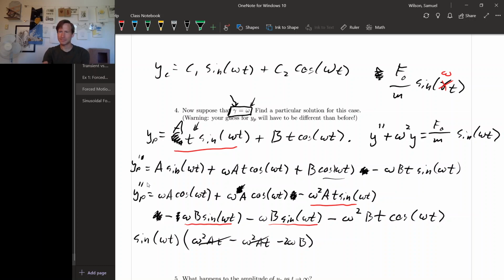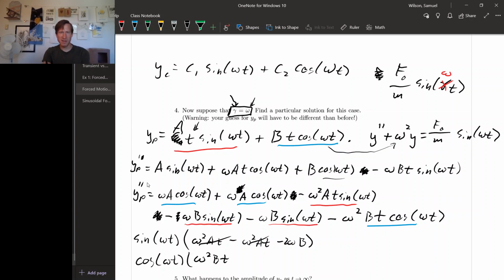All right. Now for our cosines. Terms with cosine, there's one coming from y sub p, and then from y double prime, there's these three terms underlined in blue. So from y sub p, we get omega squared b times t. Don't forget that we have to multiply this one by omega squared because the y term has an omega squared.